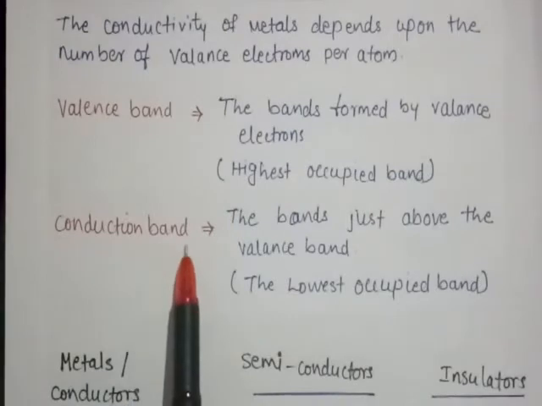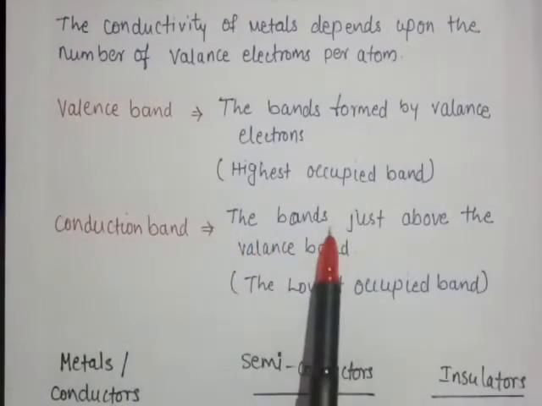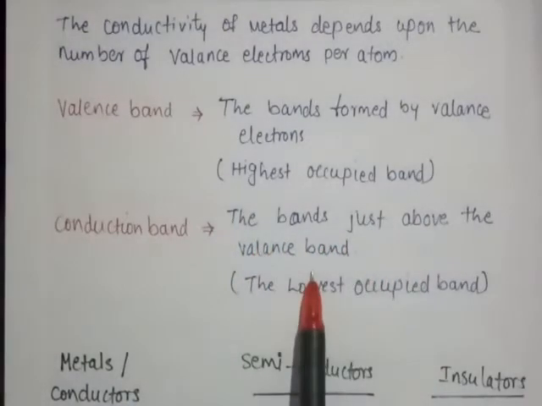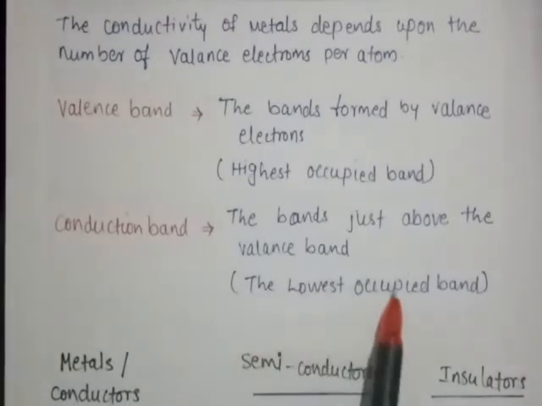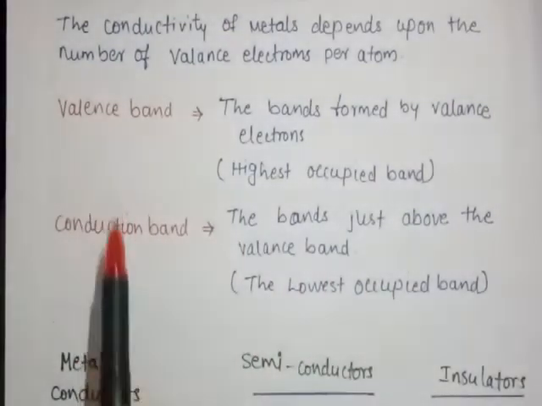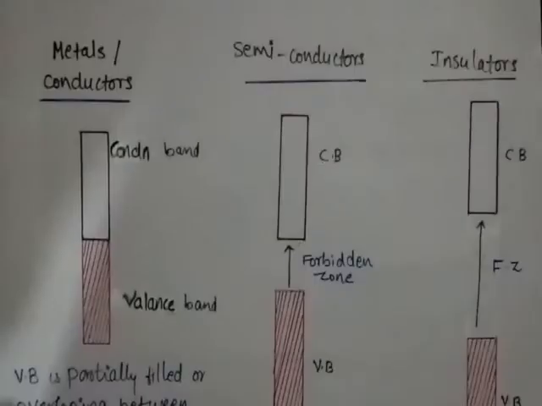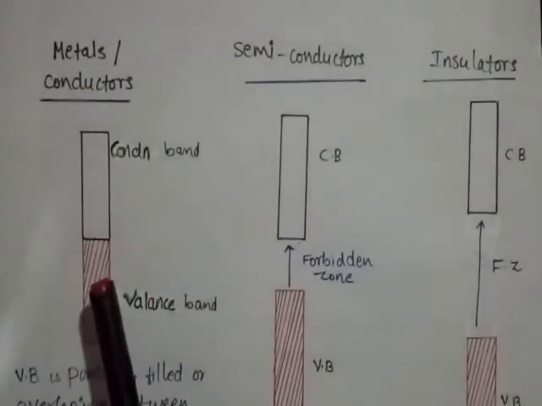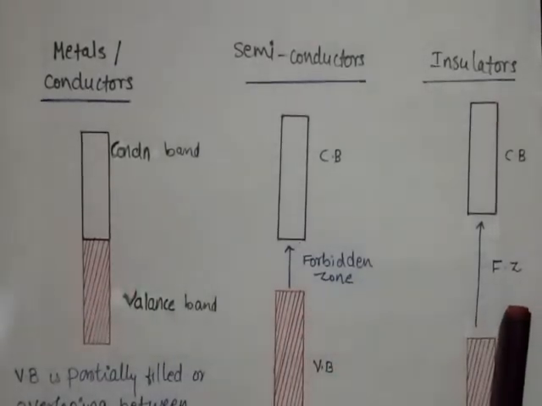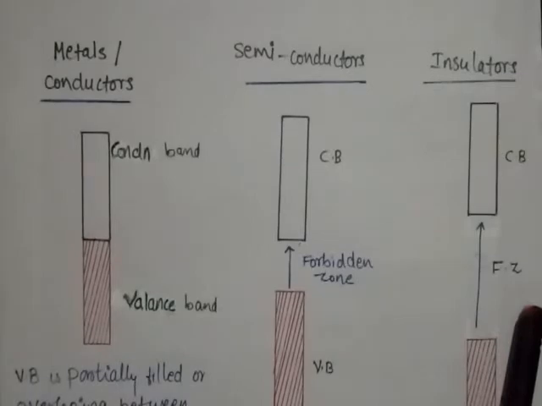The conduction band is the band just above the valence band. It is the lowest unoccupied band. Based on these two bands, we can say why some metals have good conductivity and why others do not. Based on this diagram, we can simply explain why metals are conductors and insulators are non-conductors.